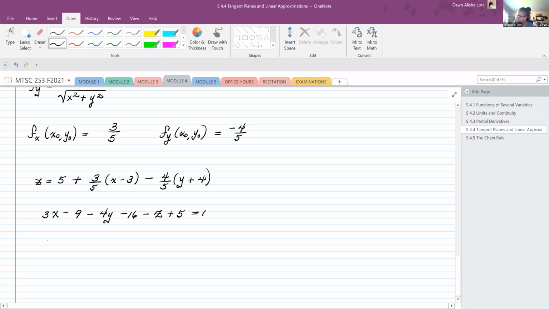So we get 3x minus 4y minus z. I'm surprised I didn't simplify this. Negative 9 and negative 16 is negative 25, plus 5 is negative 20, is equal to 0. Okay, it's just that simple.